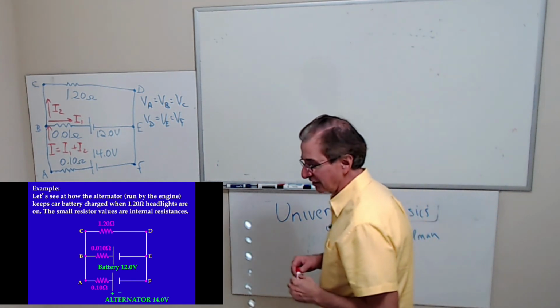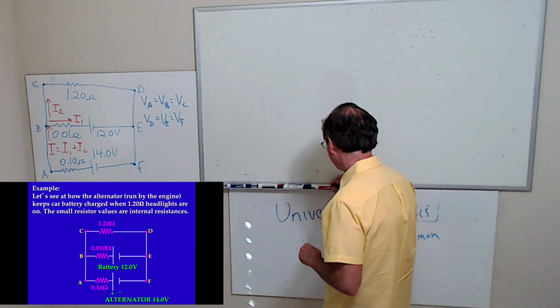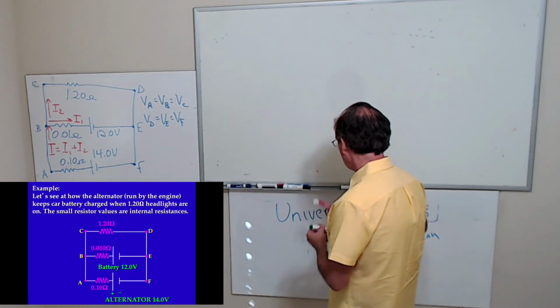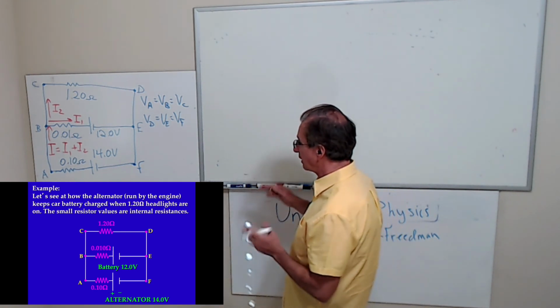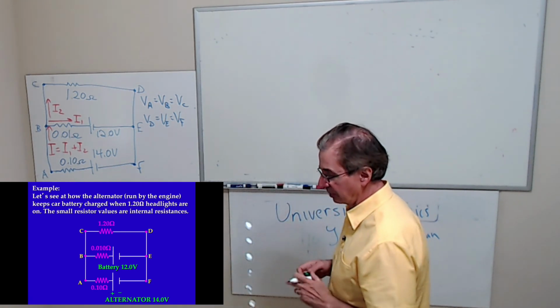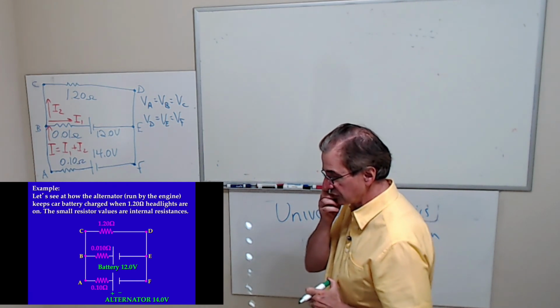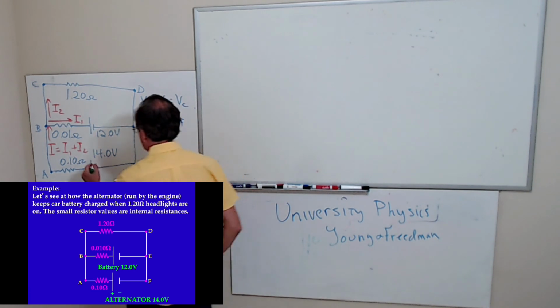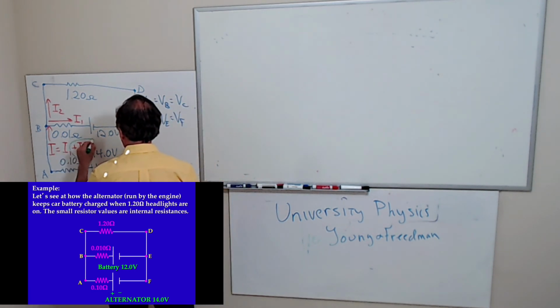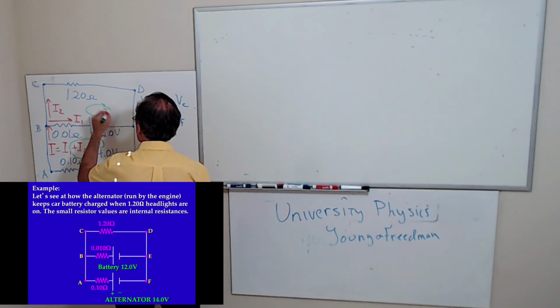Okay, I'm going to write the equations. I might go over a minute or two. What are my two loops? There are three loops you see in that picture. I'm free to choose any two. I'm going to choose this one and this one.